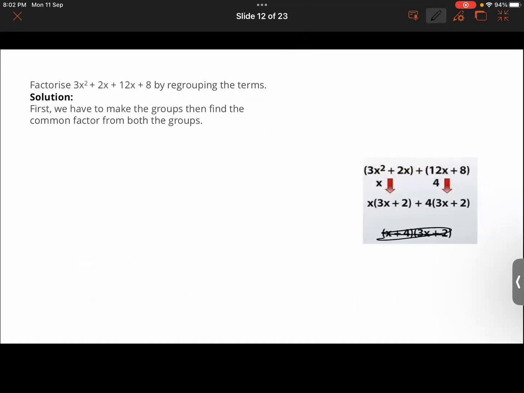Okay, so here you have got this question. Solve this question: 3x square plus 2x plus 12x plus 8.